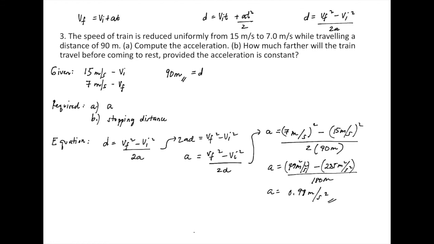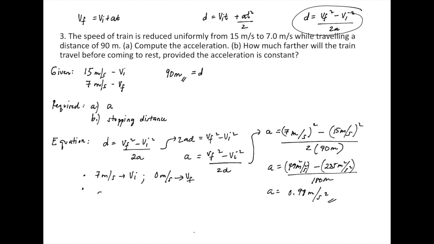Okay, next we need to find the stopping distance. So for the solution for stopping distance, again, we have to use this formula, d equals vf square minus vi square all over 2a. But this time, upon identifying our variables, the 7 meter per second, that would be the initial velocity, 0 meter per second, and that is now our final velocity.